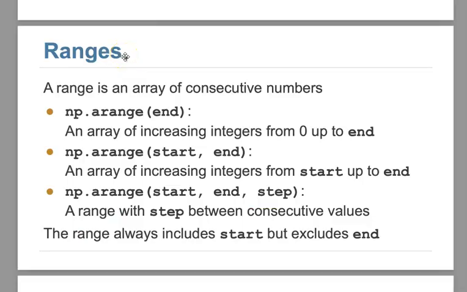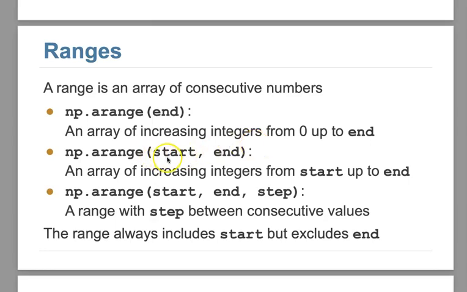Back to our summary about range. You can use the np.arange function to create an array. It has 3 different overloaded forms. If there is only one parameter, that just means start from 0 to the end, increasing by integers up to the end, not including the end.